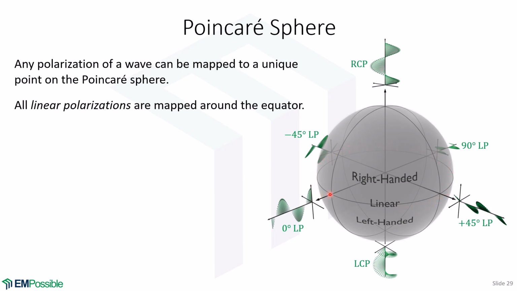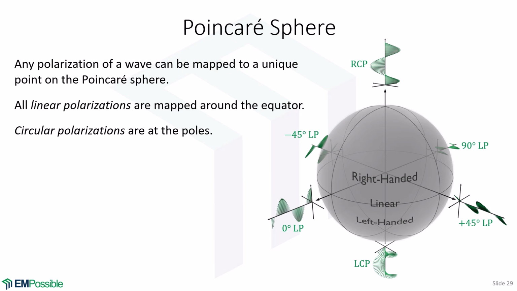So we could pick a point on the surface and call that a 0 degree oriented linear polarization. If we come around the circle by 90 degrees, well, that polarization would have rotated by 45 degrees. We go to the opposite side of the circle, we would have rotated by 90 degrees. And if we keep coming around, we could call this 135 degrees or negative 45 degrees.